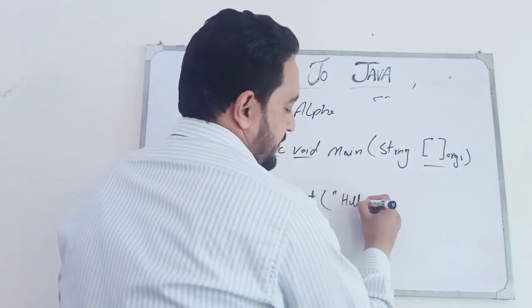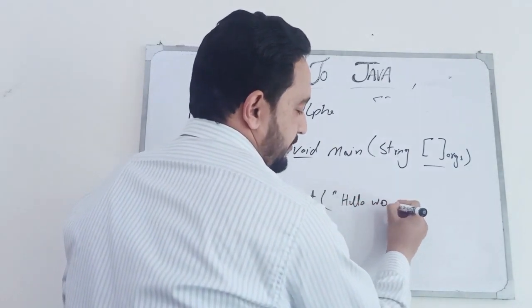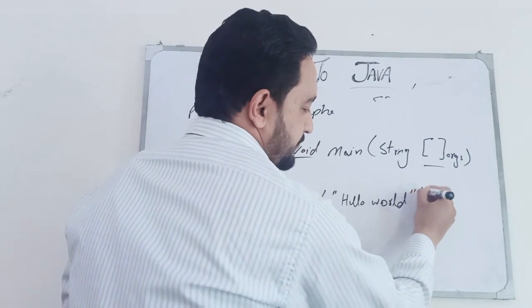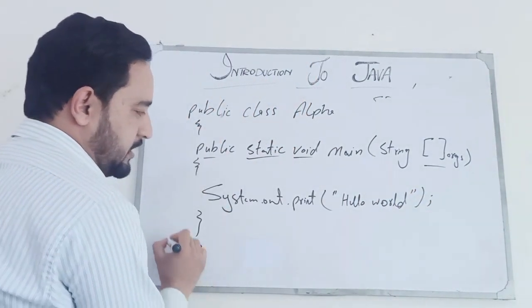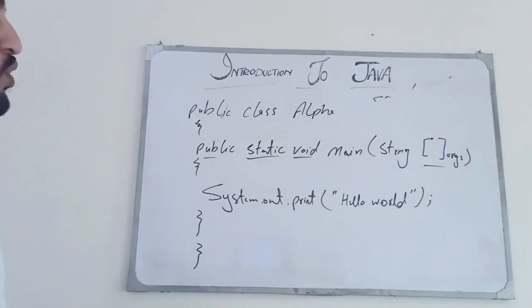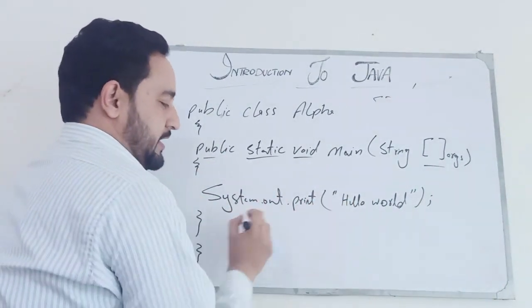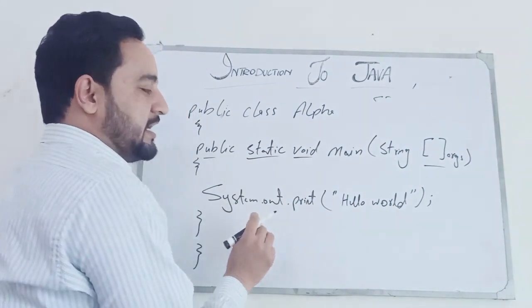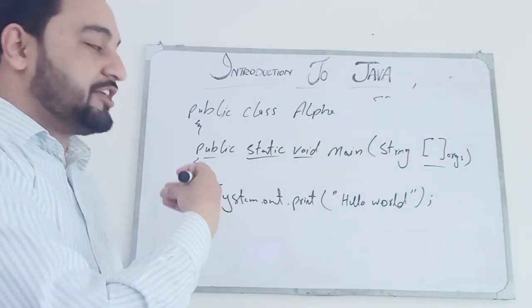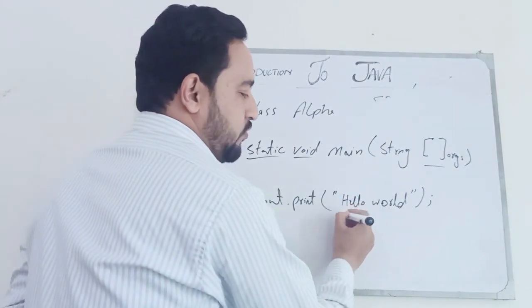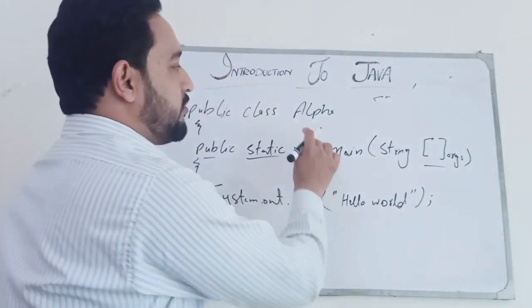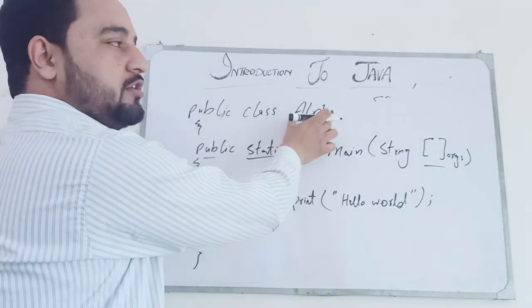We will write Hello World, and we will close our method and close our class. This program will show Hello World on the screen. We will save our program with the name Alpha.java.